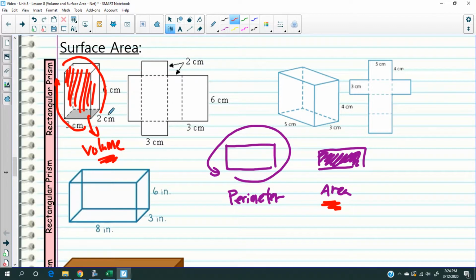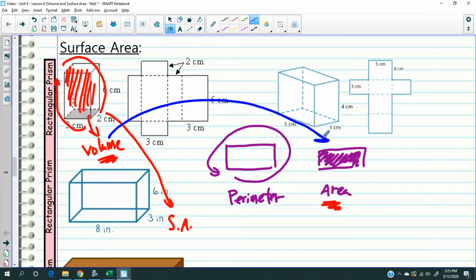Yeah, that's the surface area. So in other words, volume is an idea that's similar to area, and, well, that's a lot of arrows. Surface area is connected to perimeter. Okay, think of it like that.